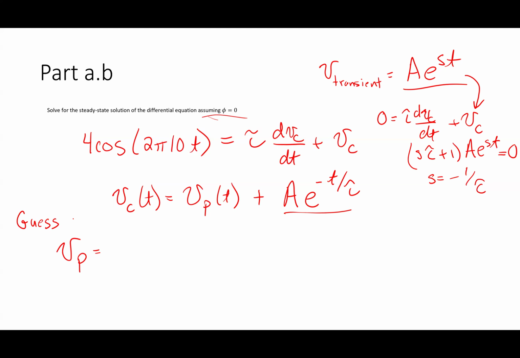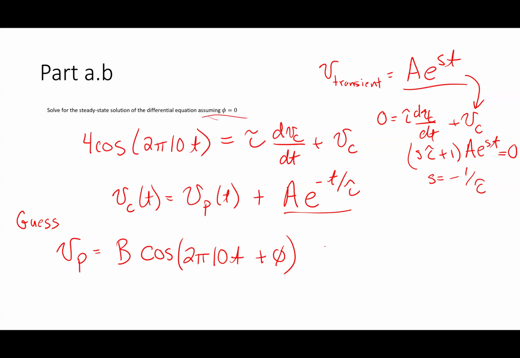How would I write my guess? I'm going to guess a cosine, hopefully we're all agreed on that. What's the frequency of the cosine? 2 pi 10t has to have the same frequency. And I'm saying, I don't know what the angle is, and I don't know what the magnitude is. I'm going to write it that way.